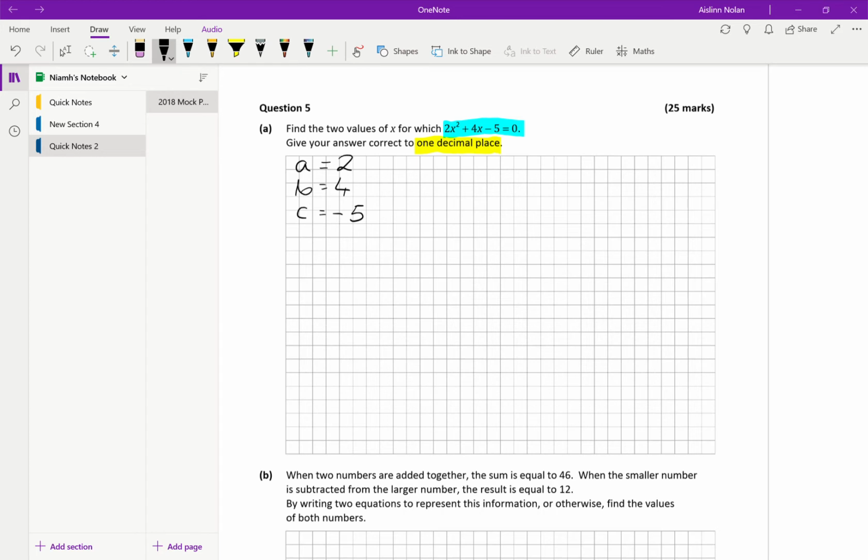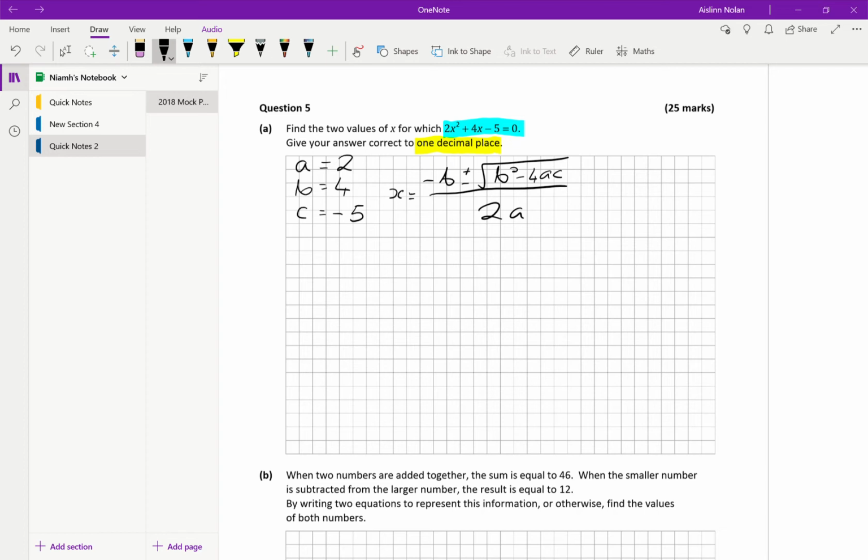We're then going to use the minus b formula to solve for x, so that is minus b plus or minus the square root of b squared minus 4ac all over 2a. Okay, so then we go to sub these values into this equation.